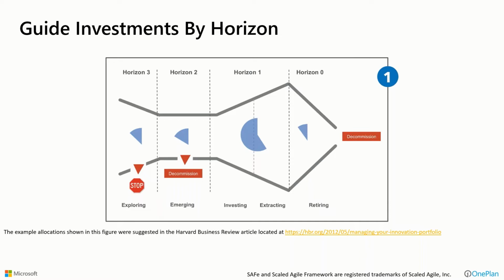We can factor those into the budget by horizon, so that we don't focus only on keeping the doors open and operating on the things we already know, but allocate enough focus, time, effort, and funding towards the things we need to get to in the future as well.